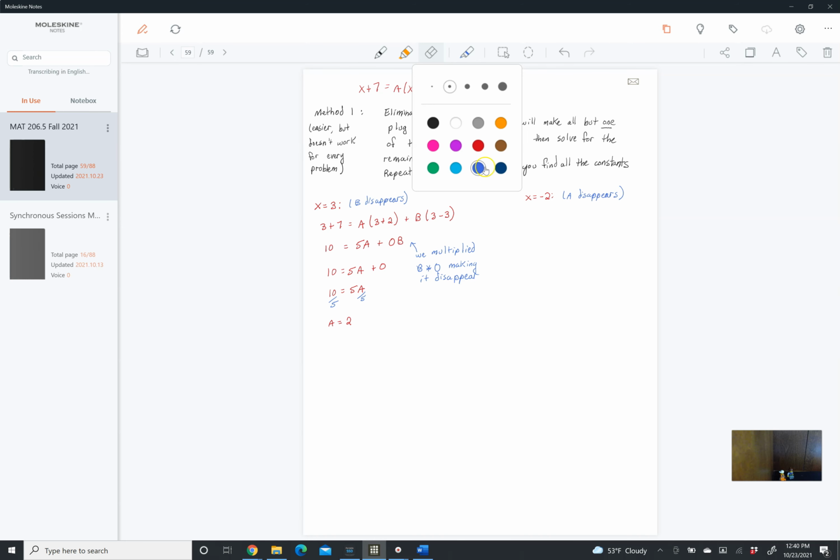Okay, and you'll see that -2 plus 7 is equal to A times (-2 plus 2) plus B times (-2 minus 3). So -2 plus 7 is 5. A times 0, or let's just write it as 0A like we did on the other side.